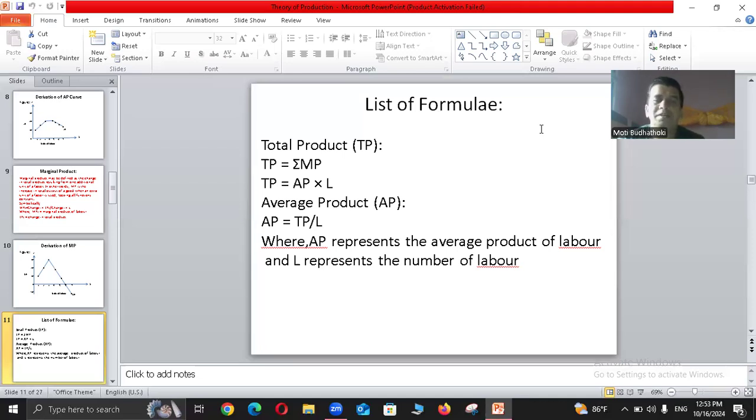And marginal product is that which can be obtained by subtracting the previous total product from the new total product. That means TP2 minus TP1 is equal to MP.